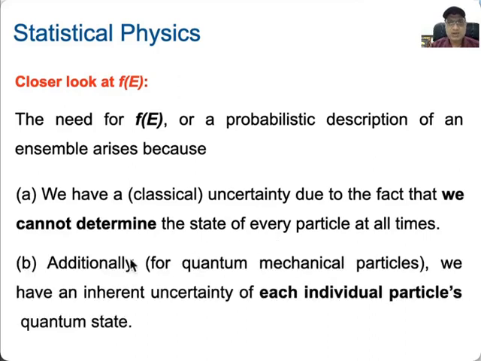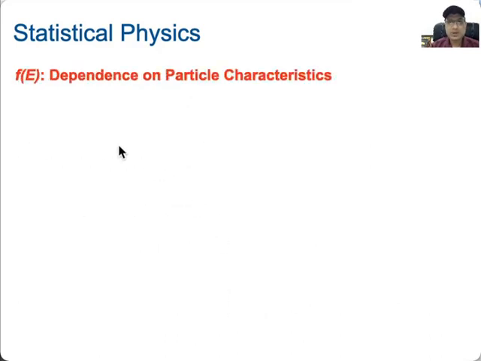And second, we have quantum mechanical particles in some situations, and therefore we have an inherent uncertainty of each individual particle's quantum state, which comes from the uncertainty principle.